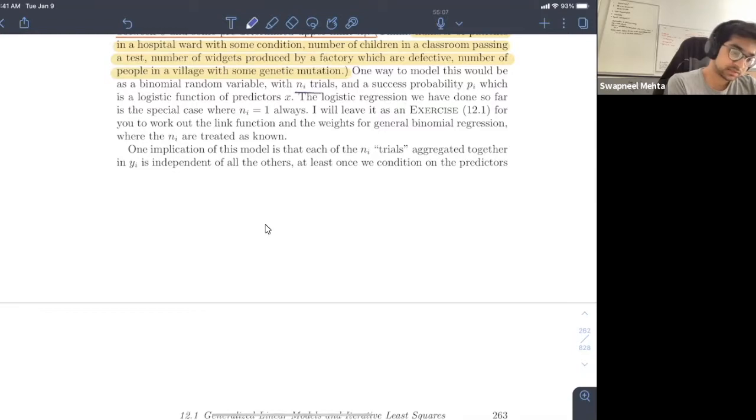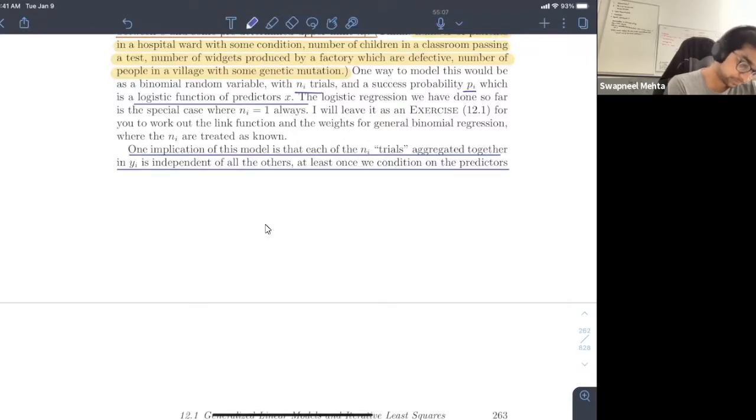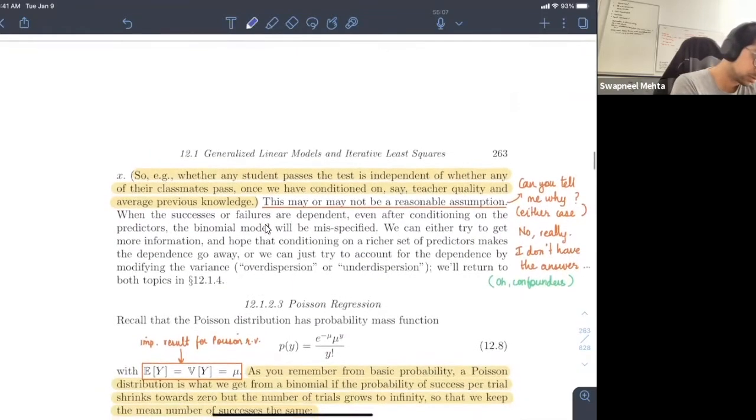So n trials, success probability pi, and it is a logistic function of predictors x. We do make one assumption here. So one implication is all of these trials are independent conditioned on the predictors. So y1 is independent of y2 given x.